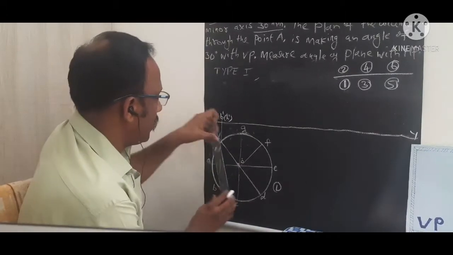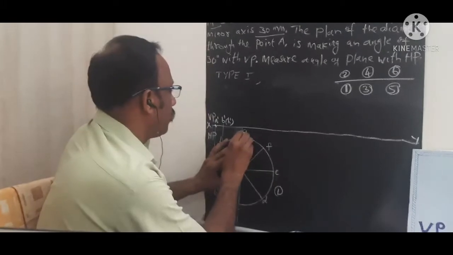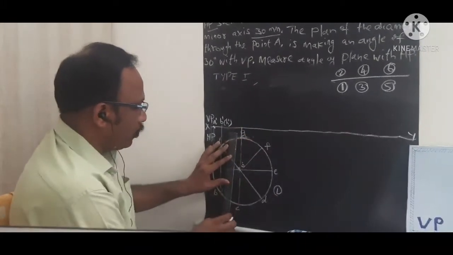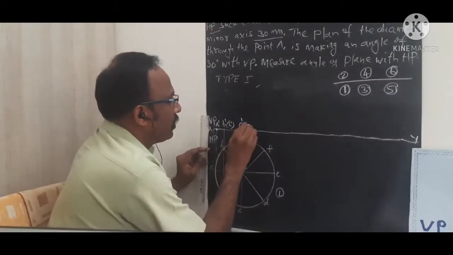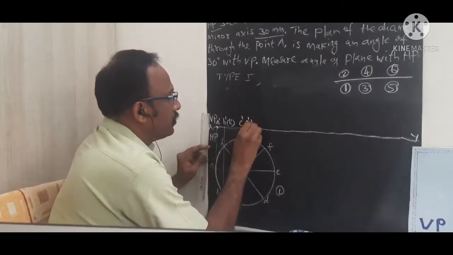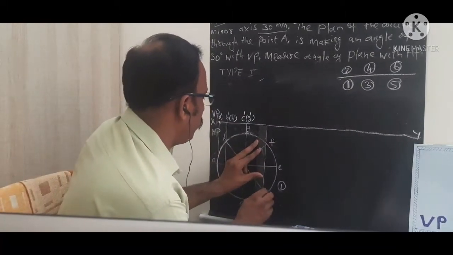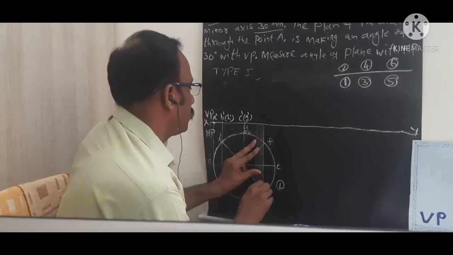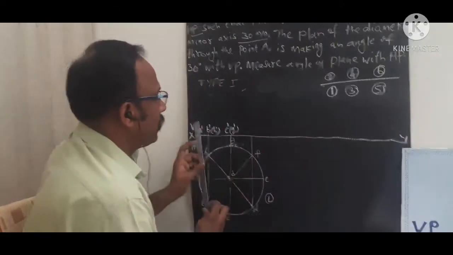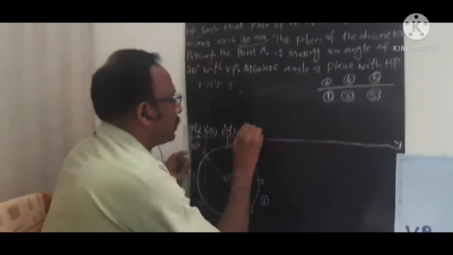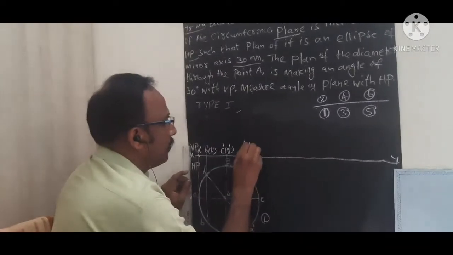Then from the center line, you need to draw the vertical projector. Here we have again 2 points. The bottommost point is visible, so I will mark it as c dash, and g is not visible, so I will mark it as g dash. Then from d and f, we draw one vertical line. d is visible, so I mark this as d dash, and f is not visible, so I mark it within brackets.